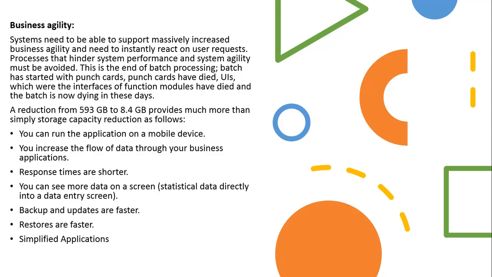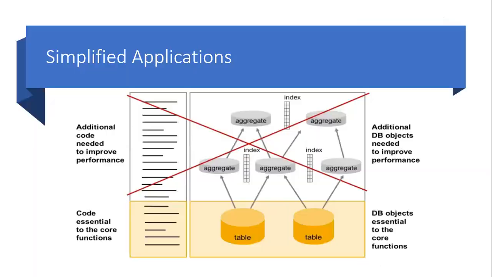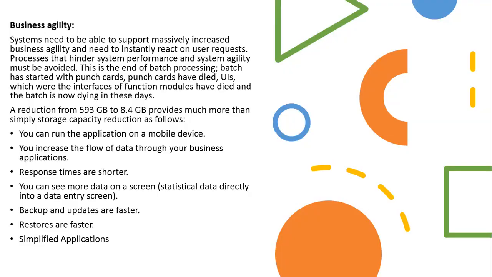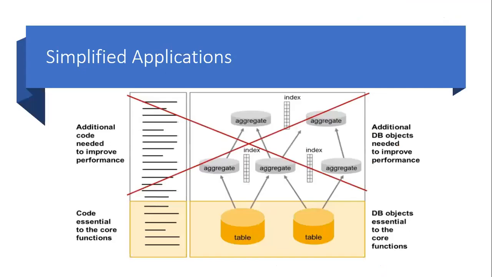You can run the application on mobile devices. You can increase the flow of data through your business application. Response times are shorter. Backups and updates are faster. Restores are faster. Basically, the user interface is quite improved. This has actually helped the way businesses carry out their activities on a more agile platform.